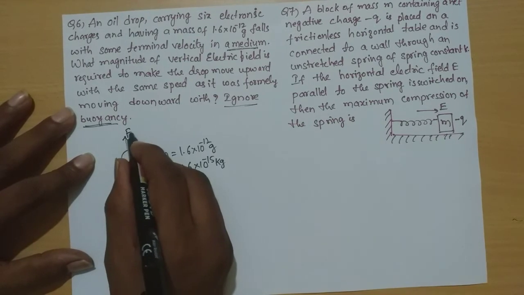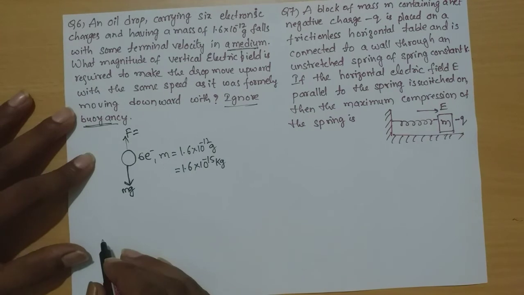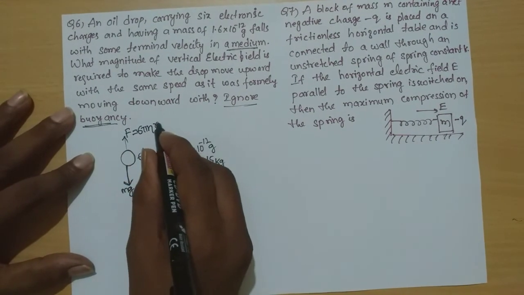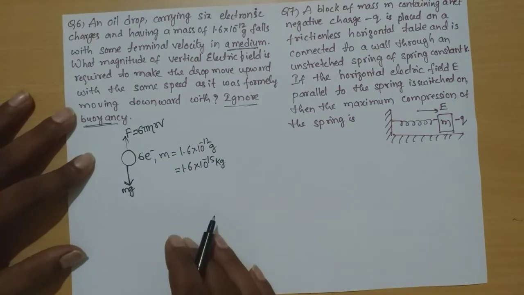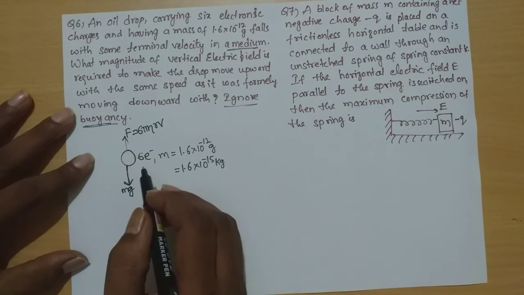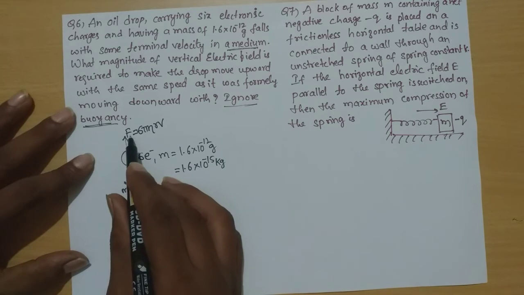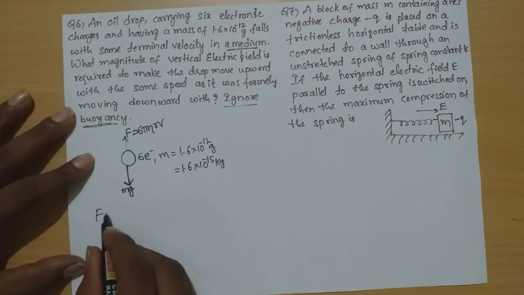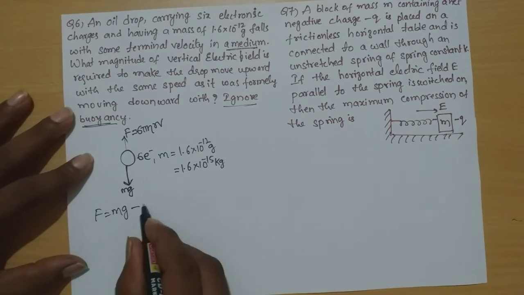The drag is nothing but the viscous drag, F, and that force is 6 pi eta r v; you will get that in first year. In this case it is moving with the terminal velocity, which means the drag is equal to the weight of the drop. So F equals mg. This is the first case.